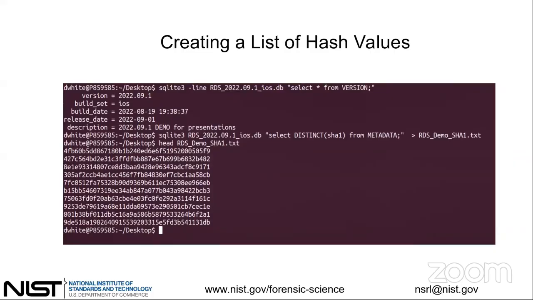And after that was done, that takes less than a minute. I just displayed the start of that text file just to show that, yes, it is the specific SHA-1s. So it's very much easier than dealing with the old RDS2 set, where you had to use various other tools to parse the data and then present out the hashes that you wanted.